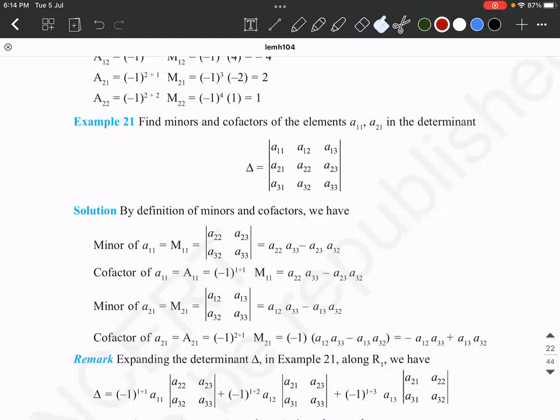Easy that, huh? Be clear with the symbols, okay?